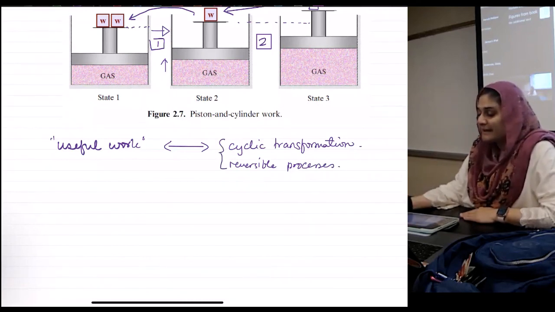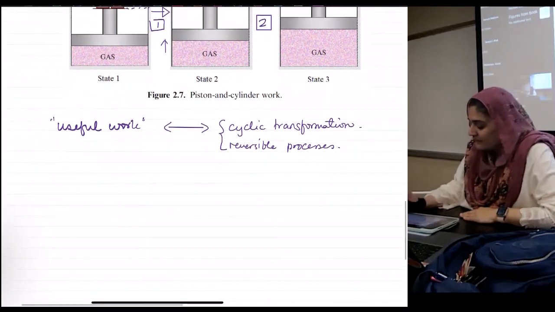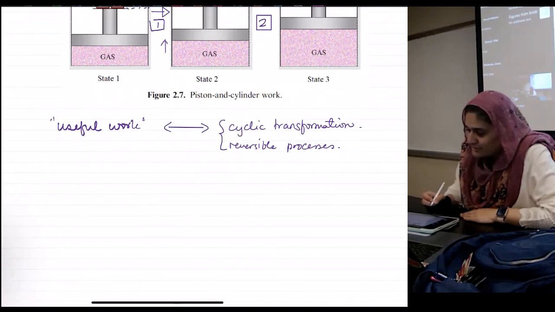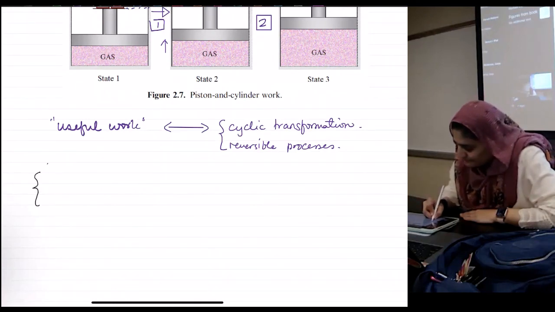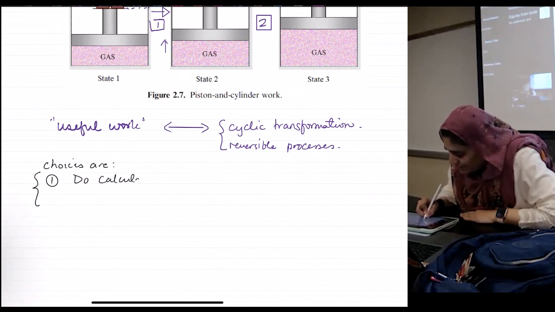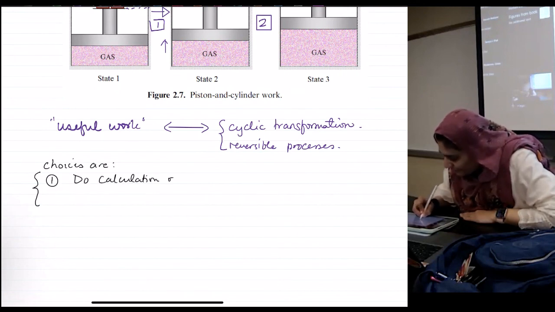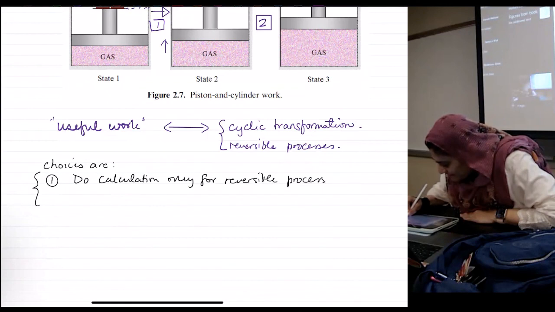And in thermodynamics, we are limited to these two conditions. So our choices are, number one, do calculations only for reversible processes.